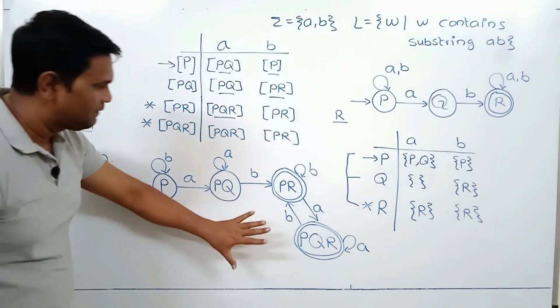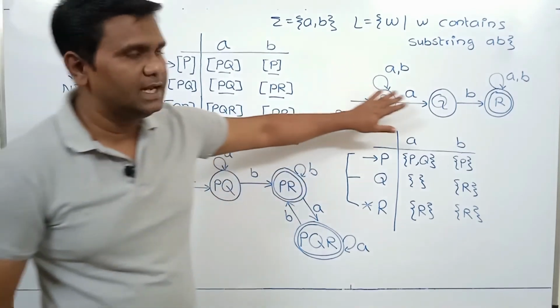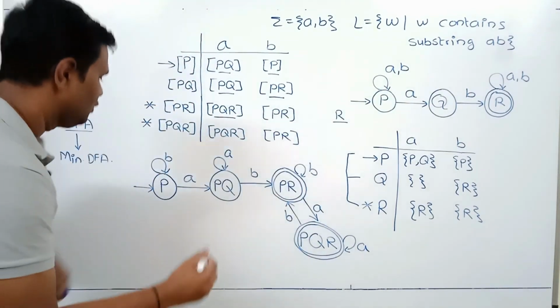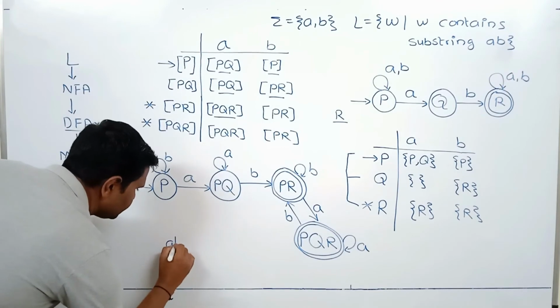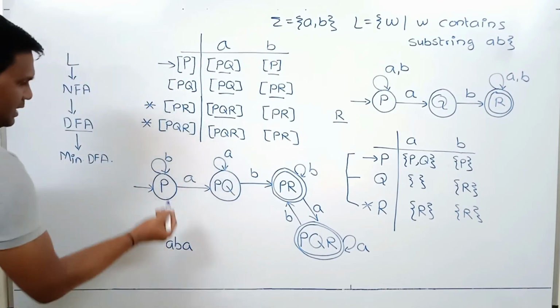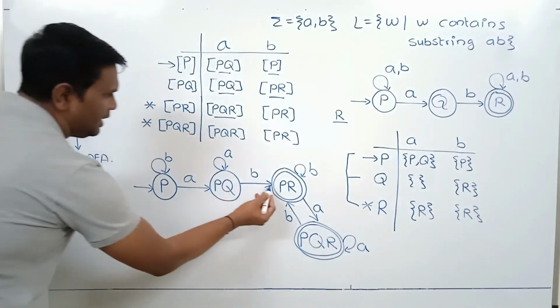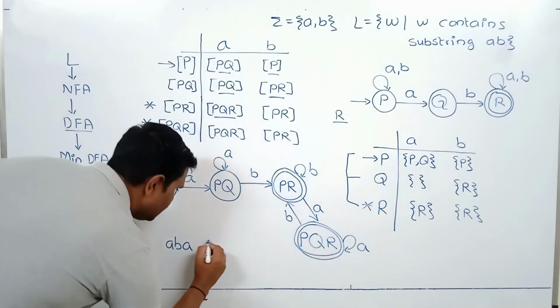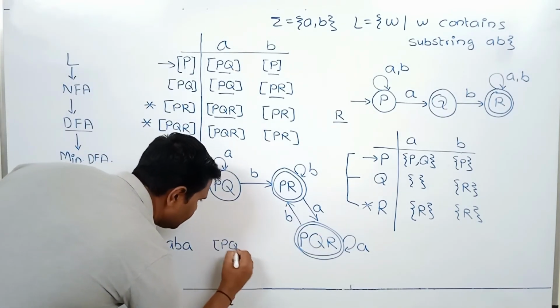This DFA represents how this NFA is functioning. If you consider string ABA, then in the DFA, ABA ends in PQR.